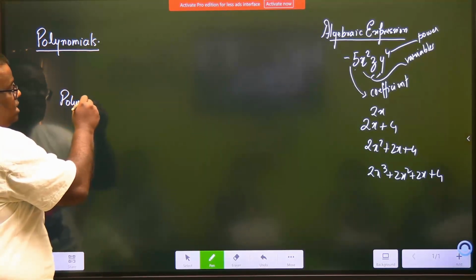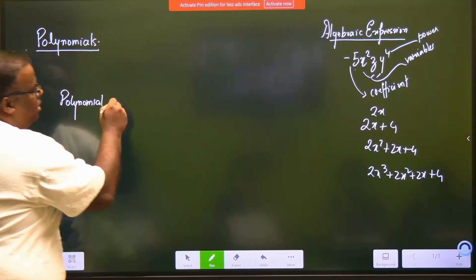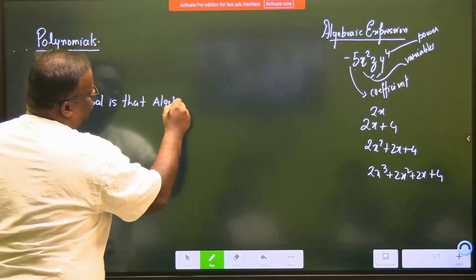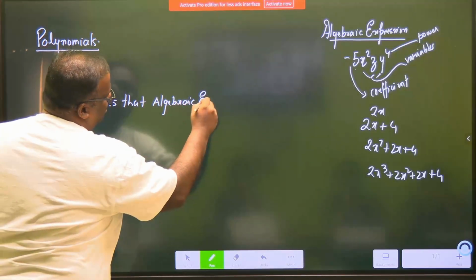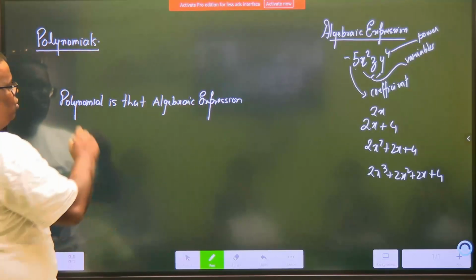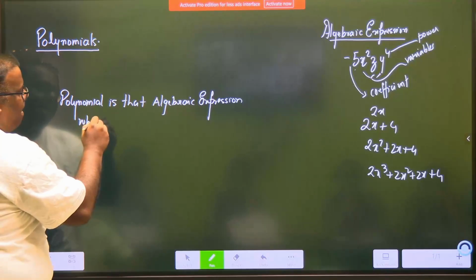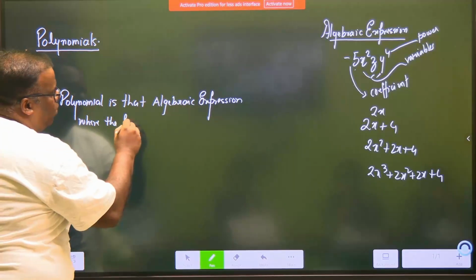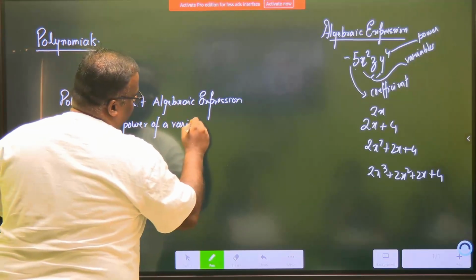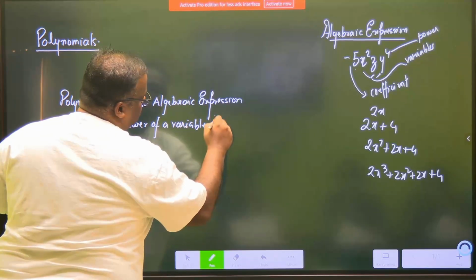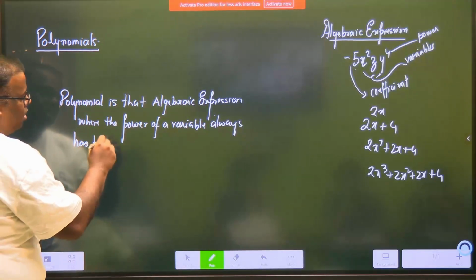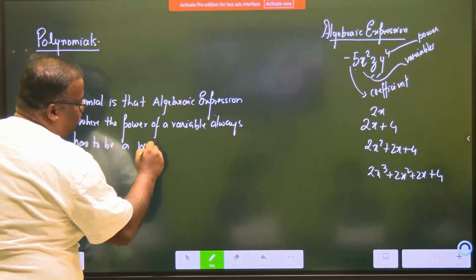Polynomial, just understand first. Polynomial is that algebraic expression where the power of a variable always has to be a whole number.